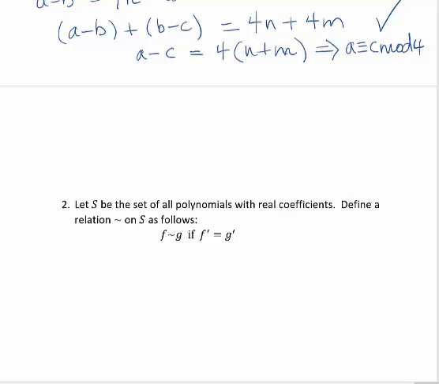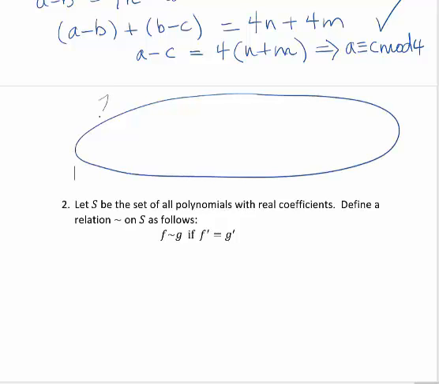So watch how this congruence relation partitions the set of integers into equivalence classes. I'm just going to draw an oval here that represents all of the integers. Now we have a whole bunch of them that are related to 0. So let's use the notation square brackets 0 to represent all of the integers that are equivalent to 0.